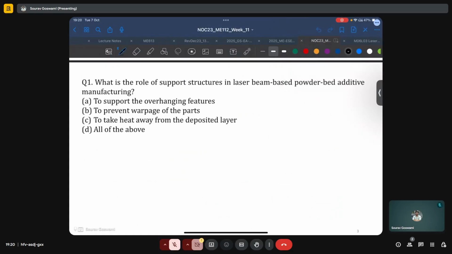So we'll remember this familiar picture from our discussion where the entire bed had this part, and the bed was also filled with unsintered or unmelted powder particles surrounding it, and then there were these support structures connected to it.